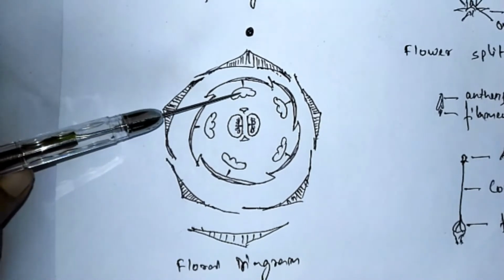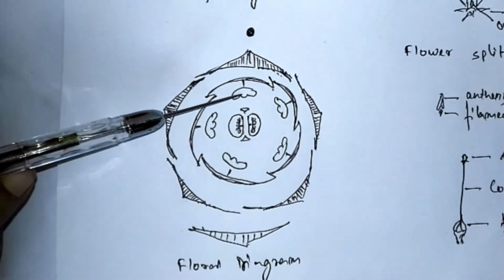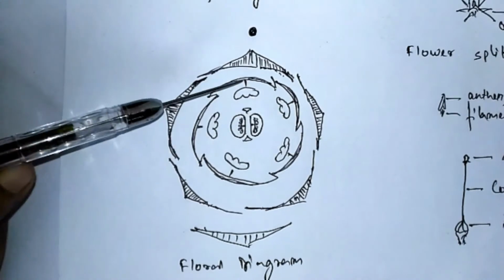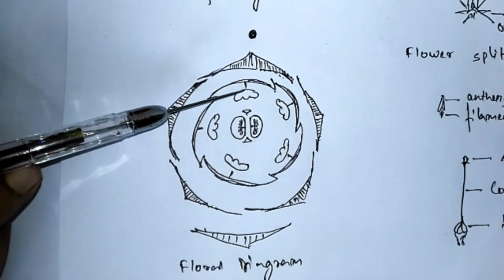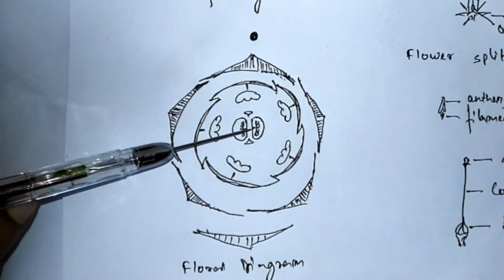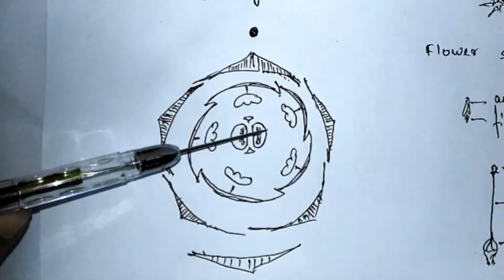Here 5 epipetalous stamens are observed. 1, 2, 3, 4, 5, and they are attached to the petals, and the innermost structure is the gynoecium.